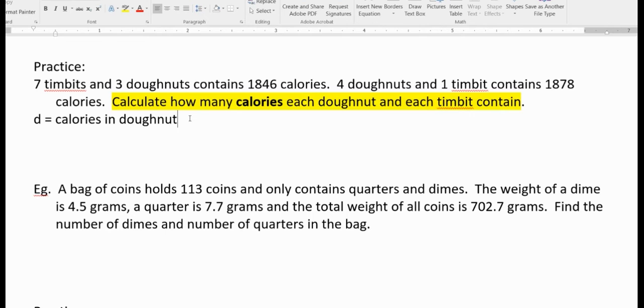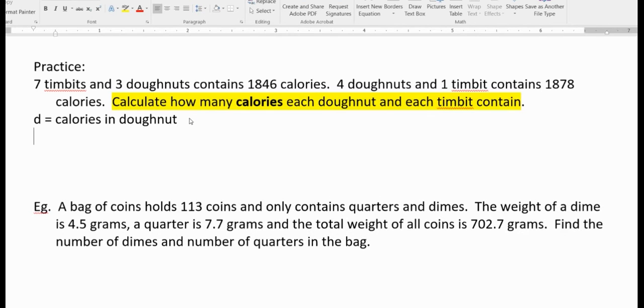So D equals calories in. Now the second one, T. There's a few letters that I don't like to use. T is one of them because it looks like a plus sign. If you curve your T or make it stylized, that's okay. If not, you can always use something like an M. It makes it easier to distinguish and you don't get confused later on.